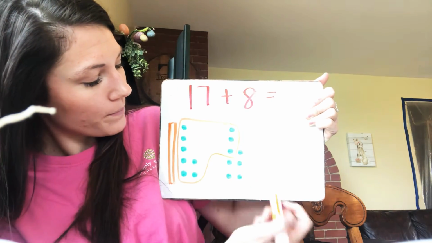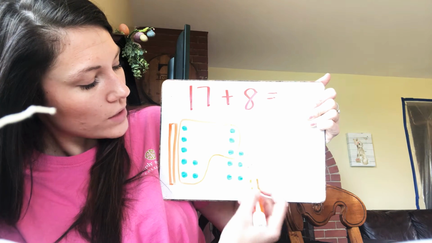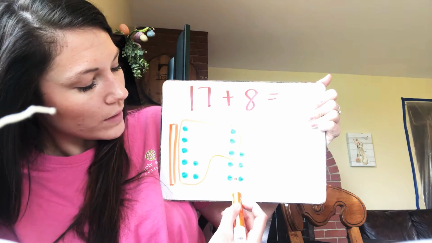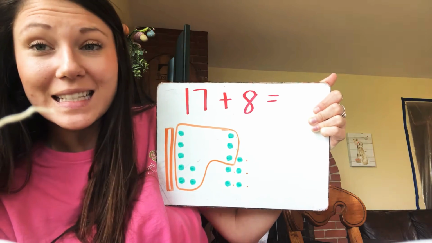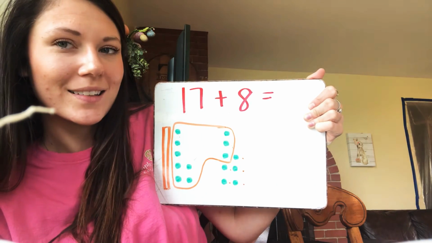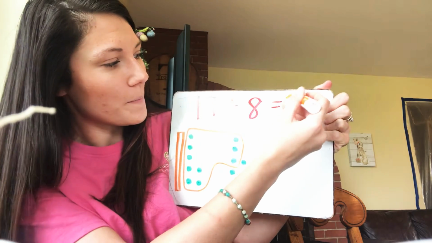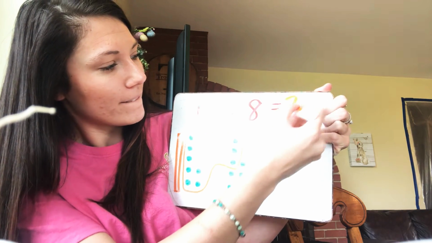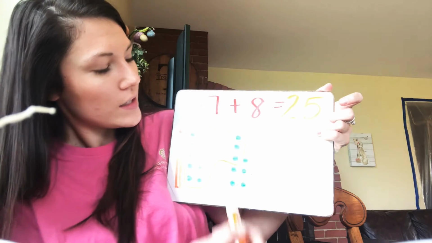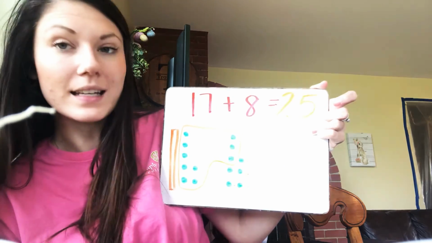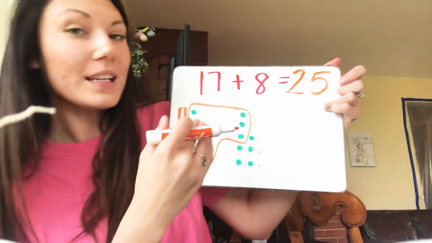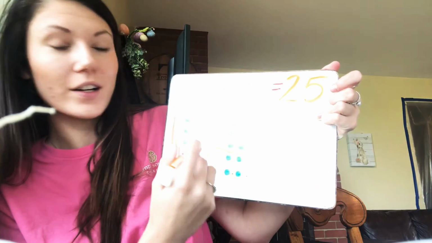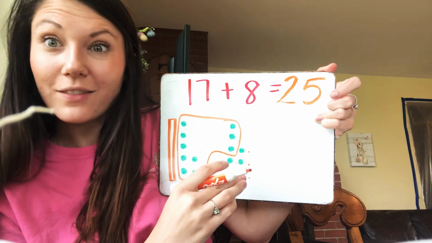We have 20, 21, 22, 23, 24, 25. So how many seeds did Morgan and Amy plant? 25. You're exactly right. So we made a friendly number and then added to add faster and easier because adding 20 plus 5 is easier than adding 17 plus 8, right?